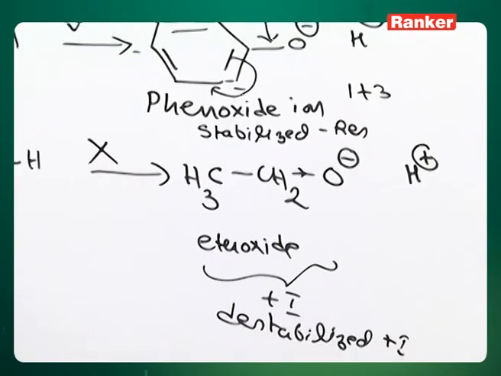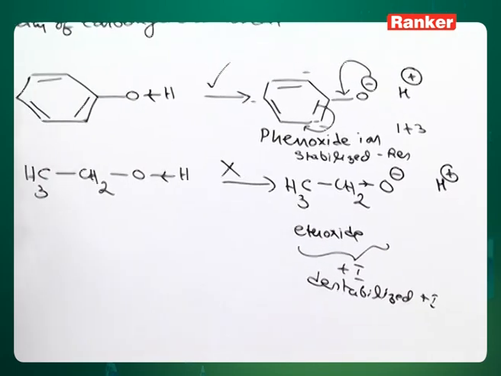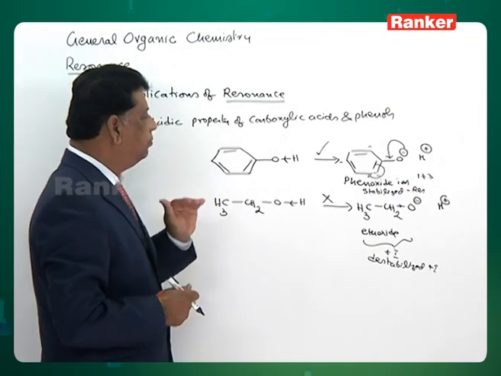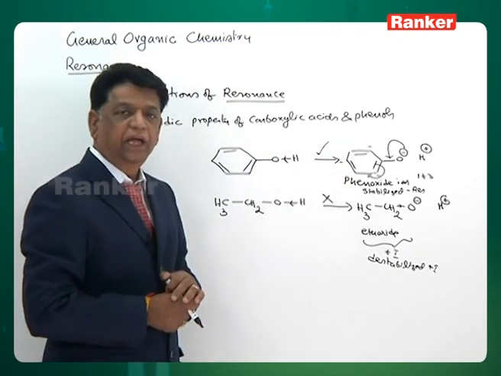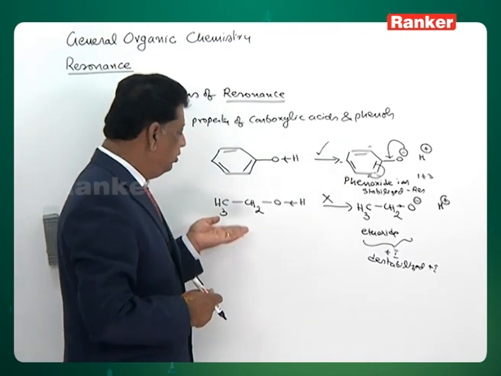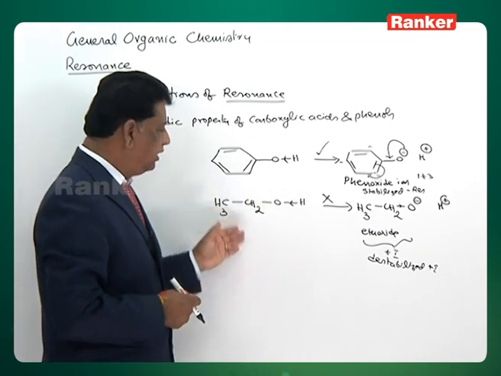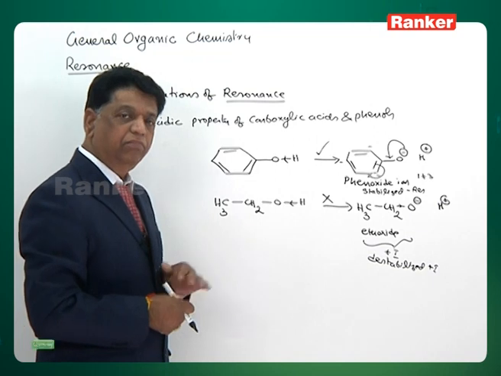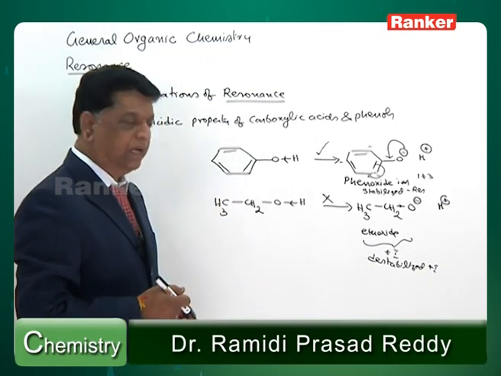What is that? Hydroxy, OH. Both have a hydroxy function, but phenol readily reacts with NaOH and forms a sodium salt. But there is no reaction between sodium hydroxide and ethanol. Ethanol will not have any reaction with sodium hydroxide. Sodium metal, however, reacts, but with sodium hydroxide there is no reaction.